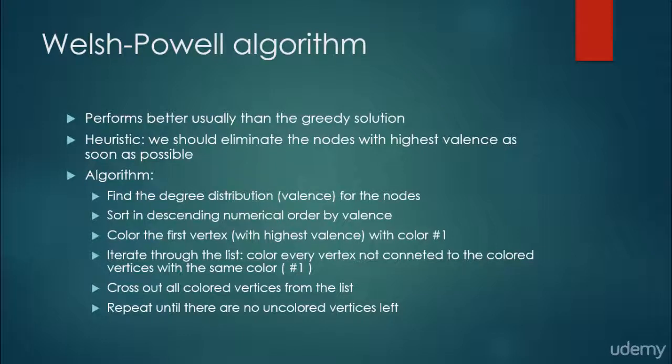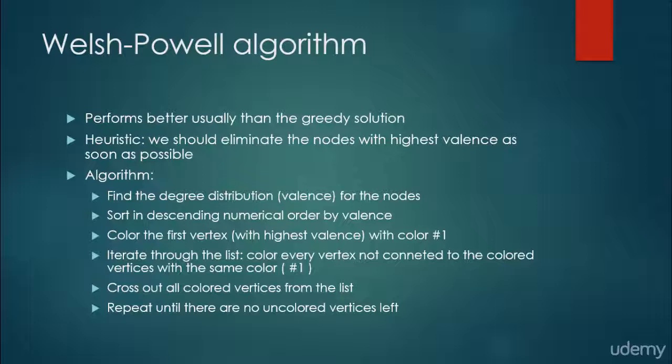So the algorithm is that we find the degree distribution, or the valence, for the nodes. We just have to calculate for each node how many neighbors that given node has, and sort in descending numerical order by valence. Color the first vertex with the highest valence with color 1.